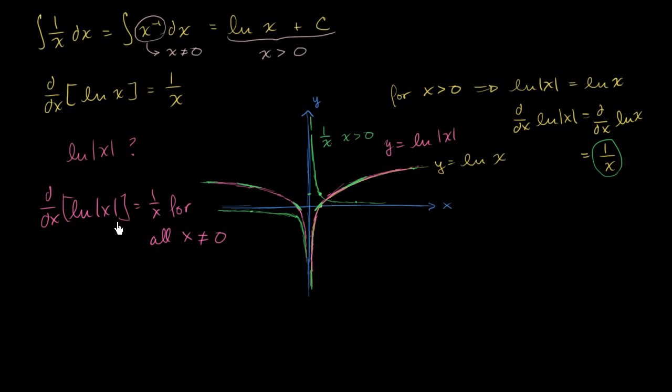It has the exact same domain. When we think about what the antiderivative is for 1 over x, I didn't do a rigorous proof here, I didn't use the definition of the derivative, but I gave you a visual understanding, hopefully. We would say it's the natural log of the absolute value of x plus c. And now we have an antiderivative that has the same domain as the function that we're taking the antiderivative of.